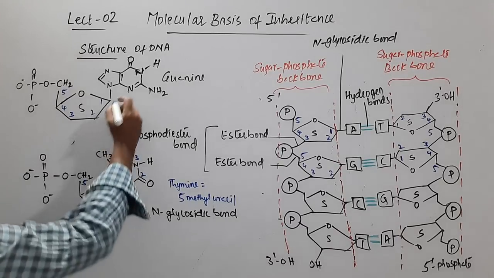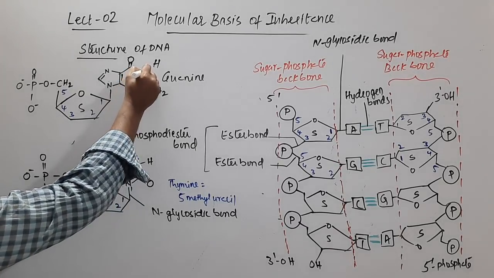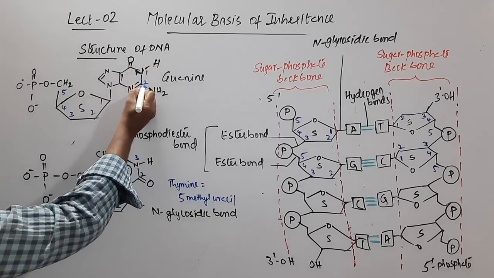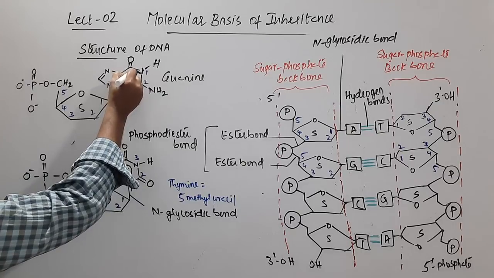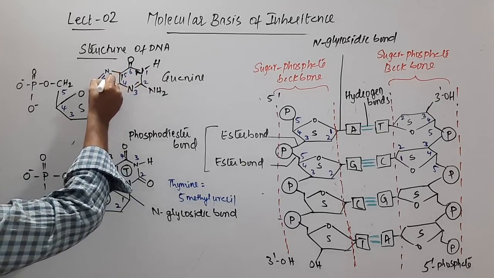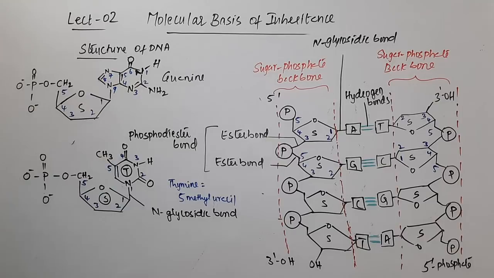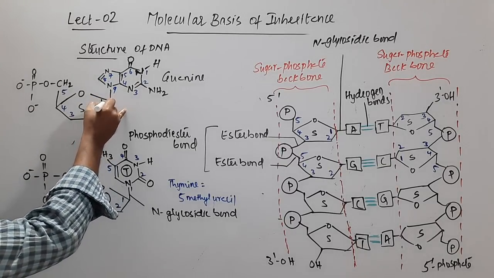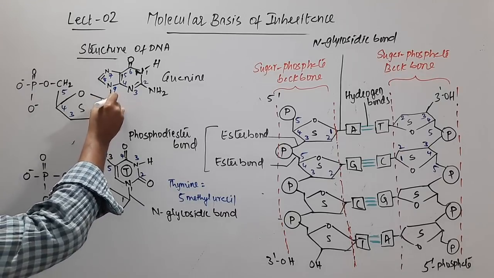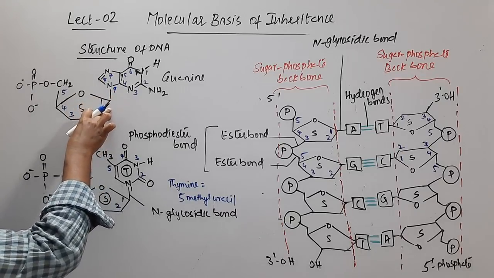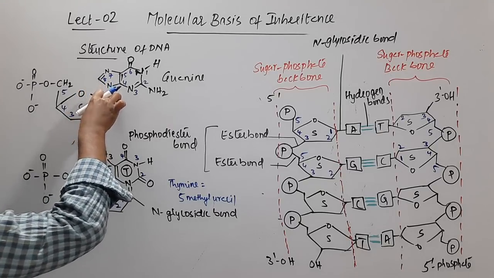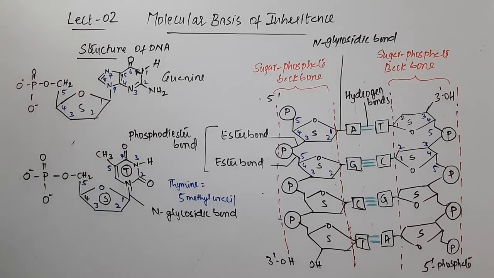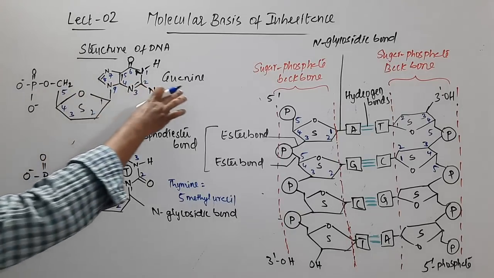Now let's see the numbering. I'm going to start from here: 1, 2, 3, 4, 5, 6, 7, 8, and 9. So you can see the bond formation will be between the first carbon of the pentose sugar and the ninth nitrogen in the case of purines.